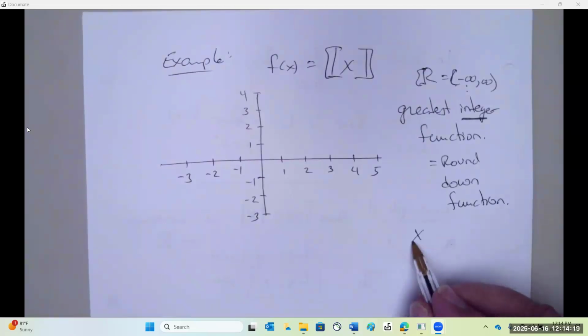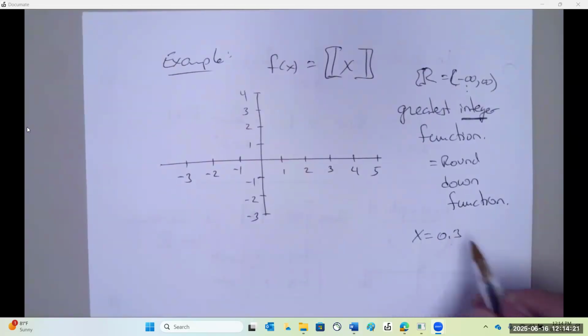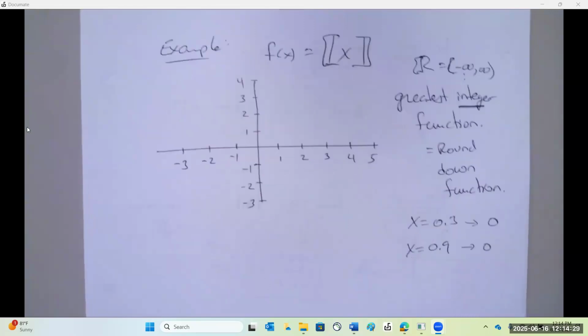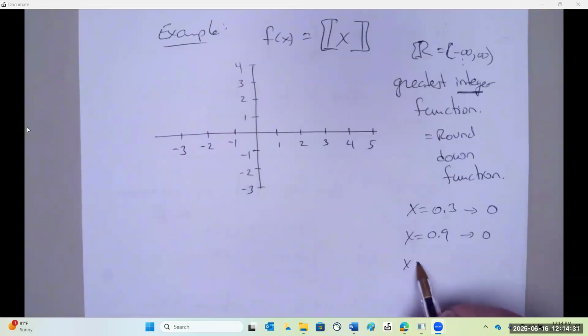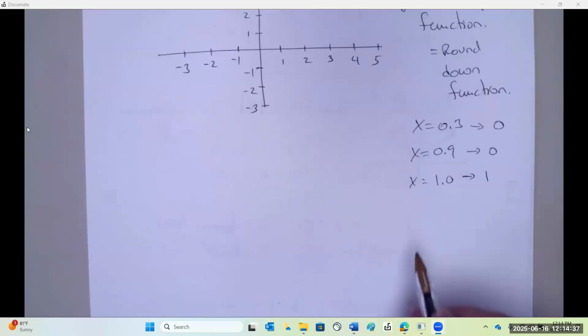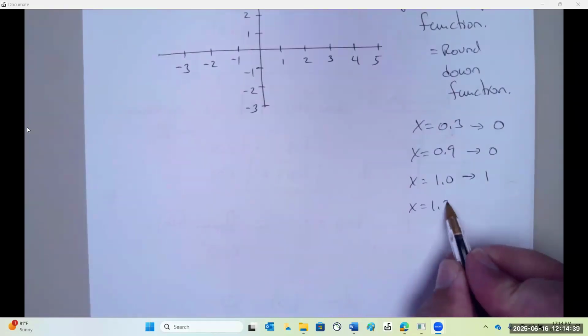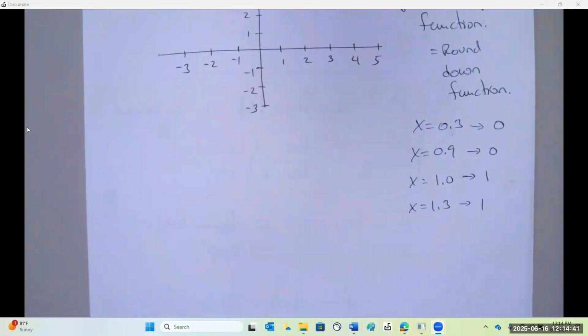So if x is equal to 0.3, the answer is 0. If x is 0.9, the answer is 0. If x equals 1.0, the answer is 1. If x is 1.3, the answer is 1. So on the right-hand side, truncate all the decimals.